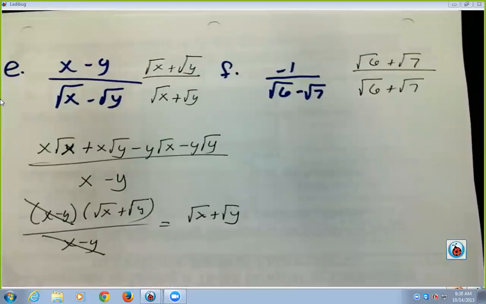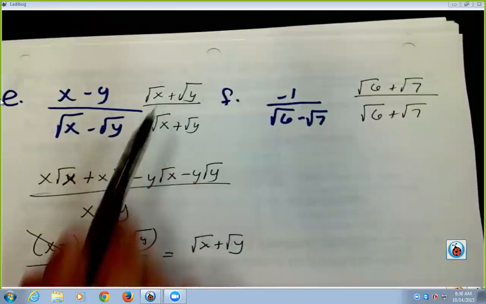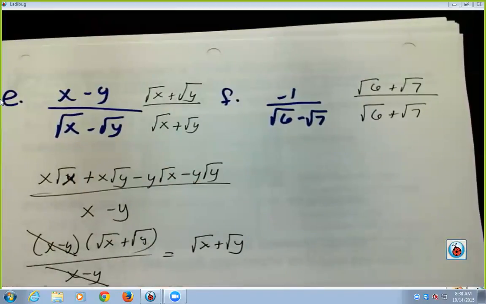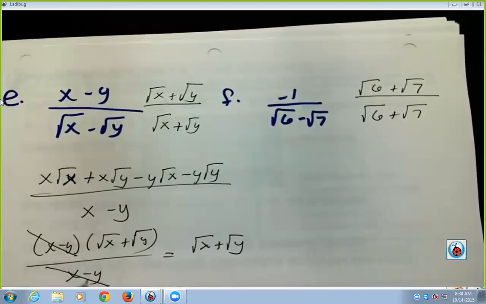This one kind of threw you a little curve, because if you didn't foil the top and left it alone, your bottom, x minus y, matches x minus y. So the two of those will cancel out. And so you're only left with the square root of x plus the square root of y.